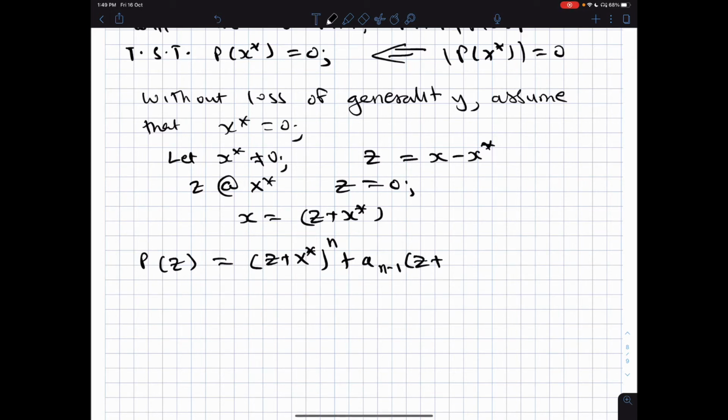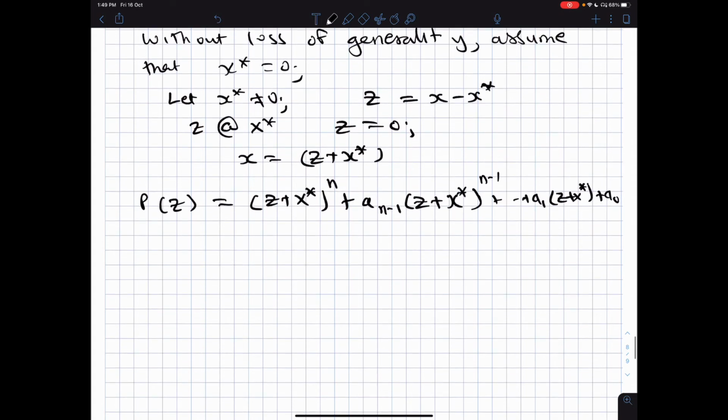So instead of x, again I am going to substitute z plus x star, so this will become z plus x star to the power n minus 1, and so on up to a1 times z plus x star, plus a naught. This is what the new polynomial in z is going to be.